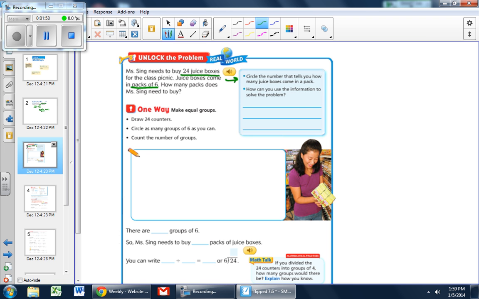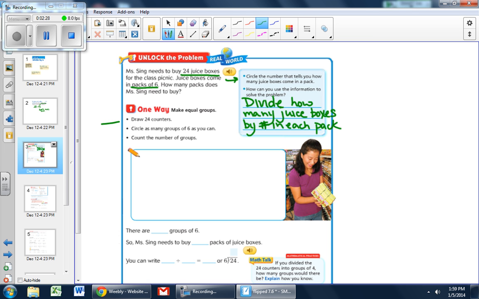So we're going to divide how many juice boxes by the number in each pack. Yours should look much nicer than mine. Okay, so one way, it says make equal groups.